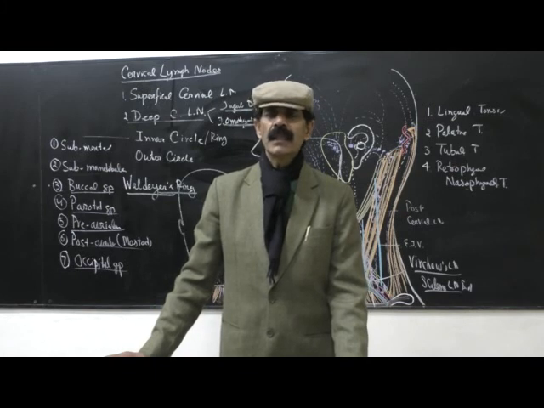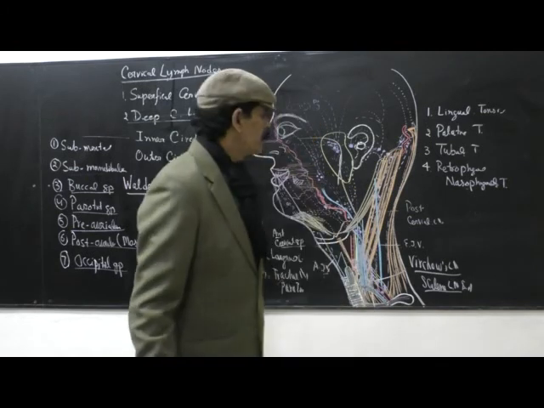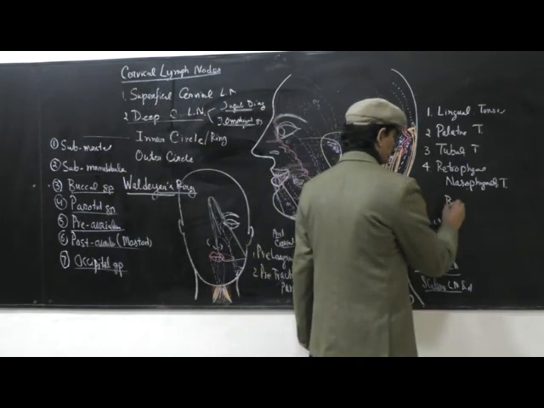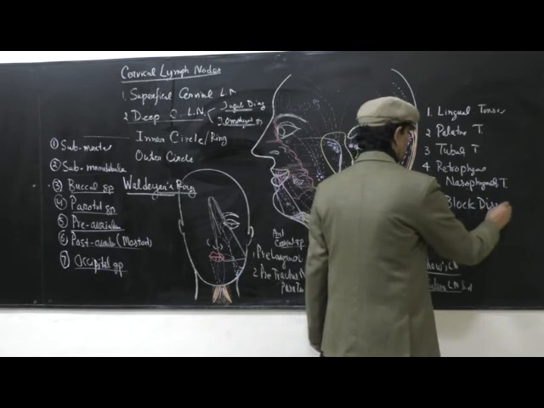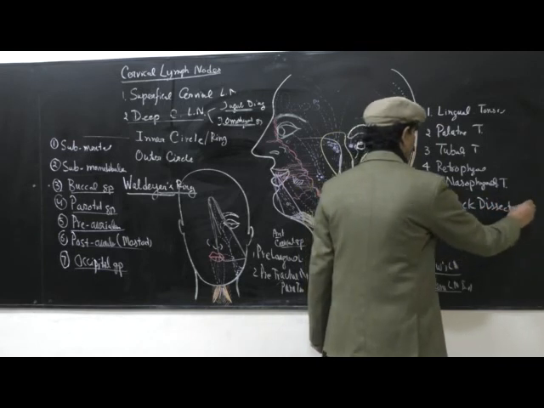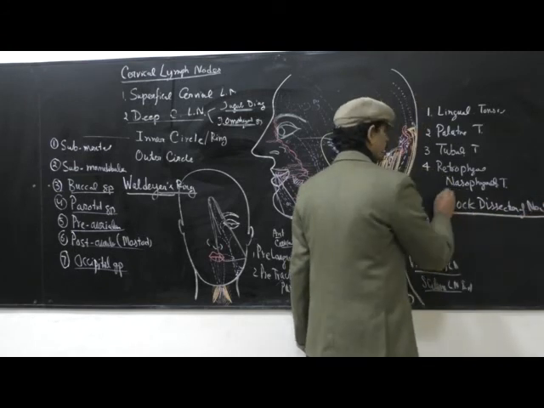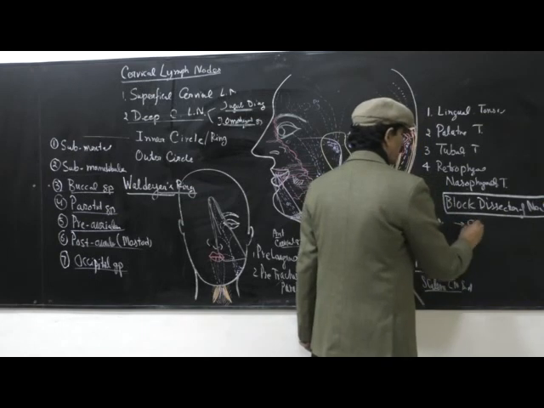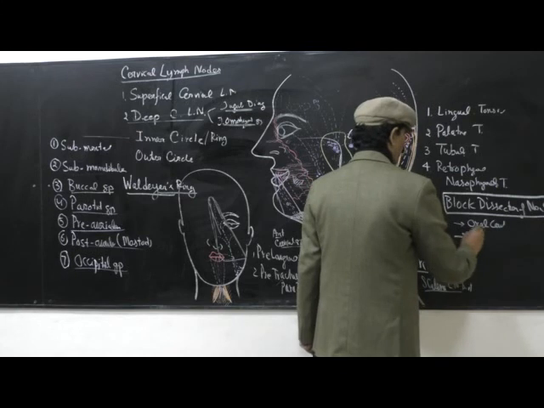Another surgical procedure related to the cervical lymph nodes is the block dissection of the neck. This is the surgical procedure usually done in cancer of the oral cavity or the tongue.